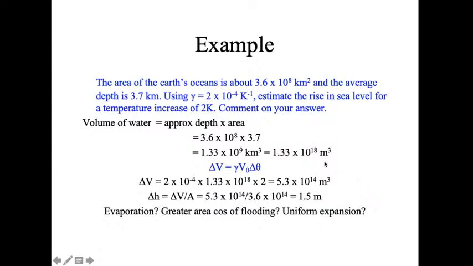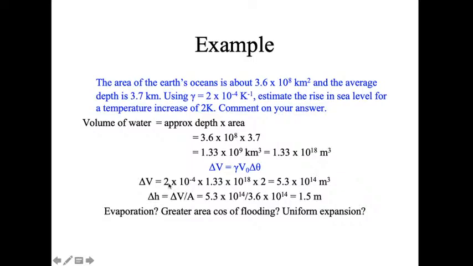We want to use this number because our coefficient is in standard units. So our change in volume is our coefficient of volume expansion times the starting volume times the change in temperature.